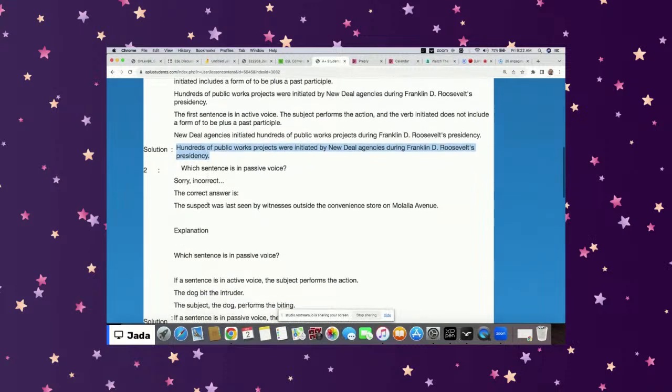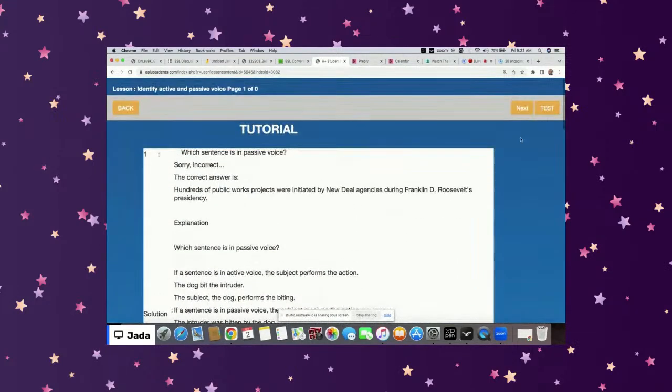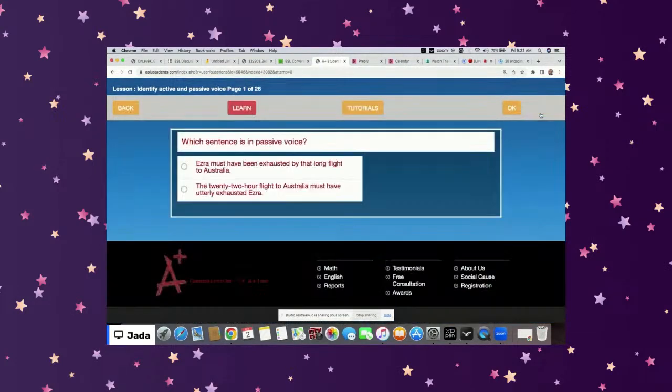We will understand it better if we try to answer some test questions. So we will just answer the test. Just take note that passive receives the action, and it has a verb phrase, a form of to be plus a past participle, and then the active is the performer of the action.